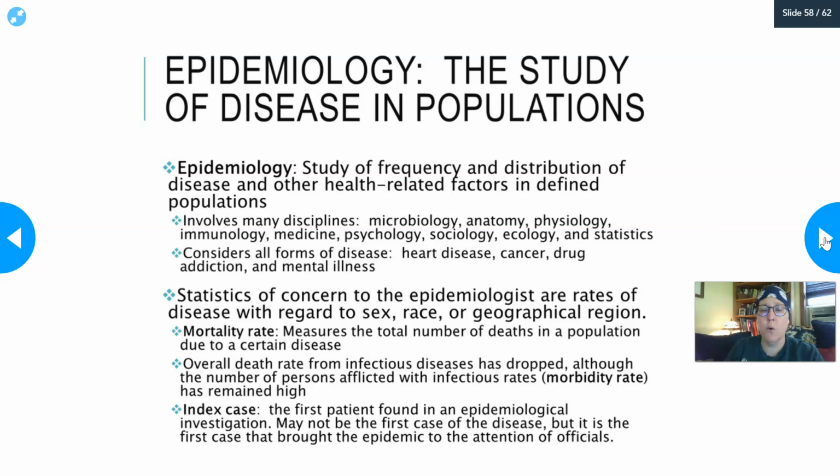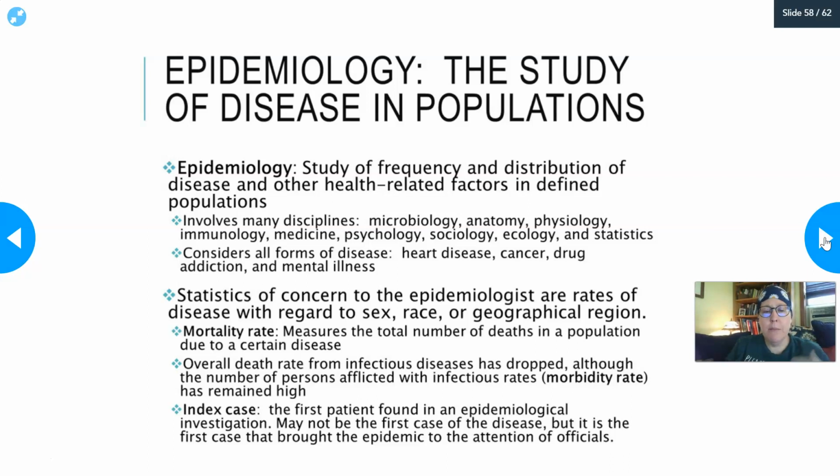It considers all forms of disease. So we have epidemiological statistics on heart disease, cancer, drug addiction, mental illness, and of course infectious diseases too. The statistics of concern to the epidemiologists are rates of disease with regard to sex, race, or geographical region.